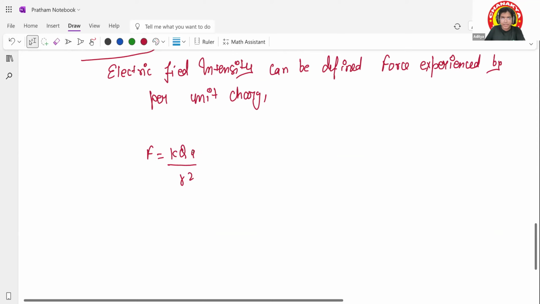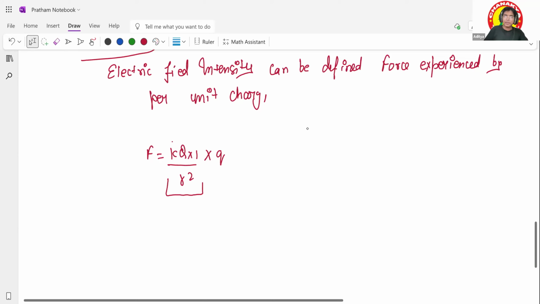So if you see, I just remove this q from here and take it at a little distance, like this. So isn't it experienced by the single charge, right? If you removed it, it is nothing but multiplying by one, right? So it is nothing but the force experienced by per unit charge, like a single charge.